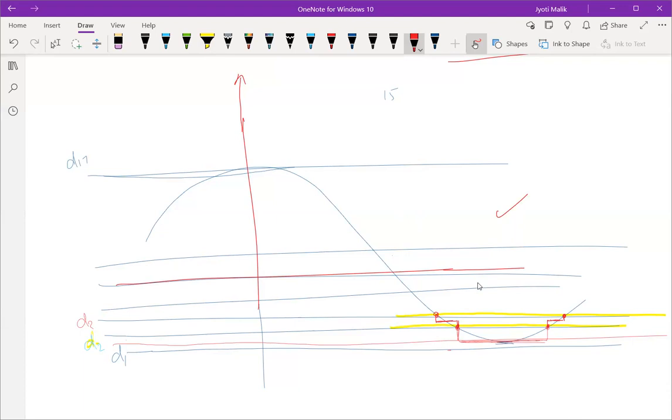Can I ask, for D1, will it never reach D1? You won't be able to touch D1 because it is level 1. It starts from level 1 and D1 is always less than level 1.